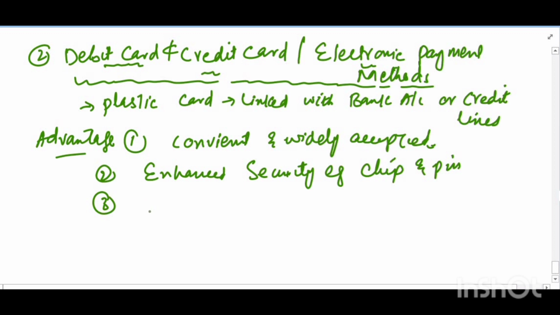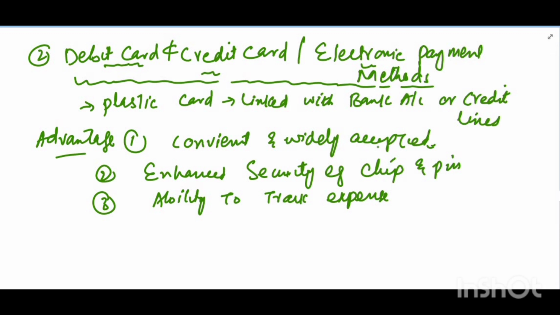The third advantage of this debit card, credit card, or plastic card is the ability to track expenses. Let's say you are paying for the ACCA annual subscription, then after one year you will know that you paid this amount for the annual subscription to the ACCA.